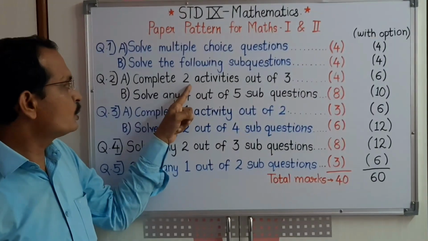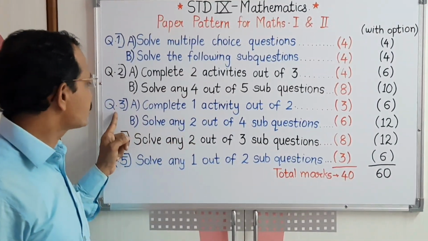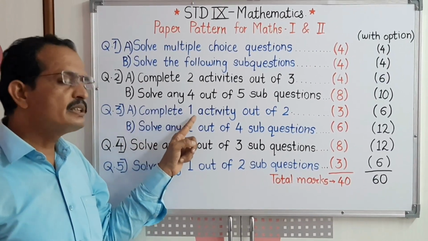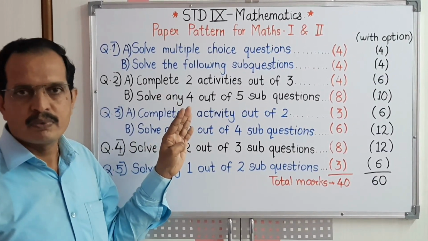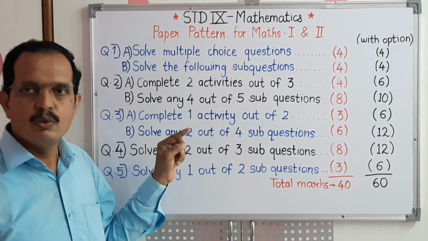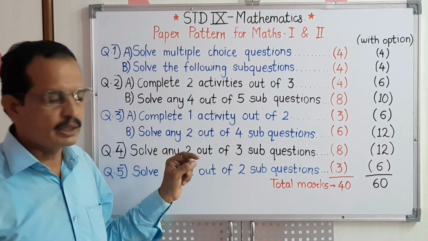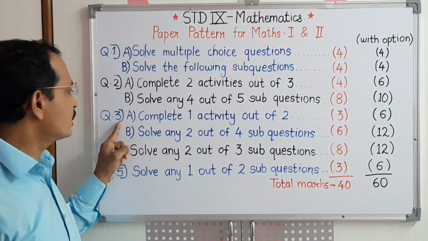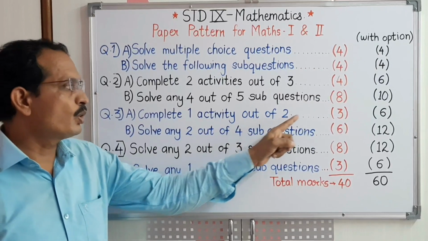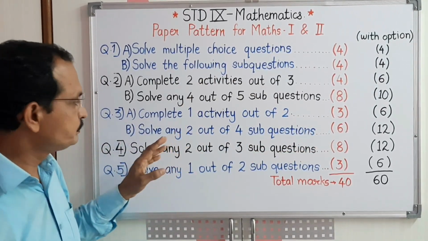In question number 2A, 4 boxes are given, but in question number 3A, 6 boxes will be given and we have to fill those 6 boxes with the correct answer, and each box carries half a mark. Therefore, question number 3A is for 3 marks. These are very easy questions.